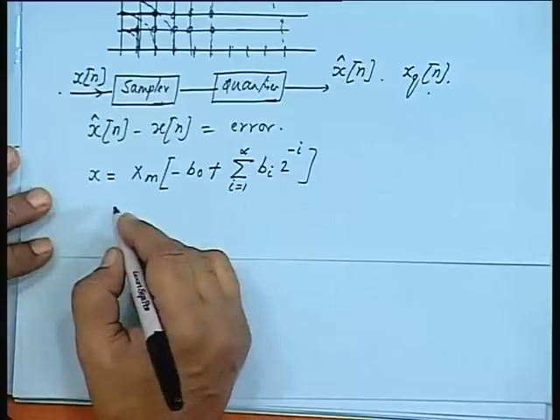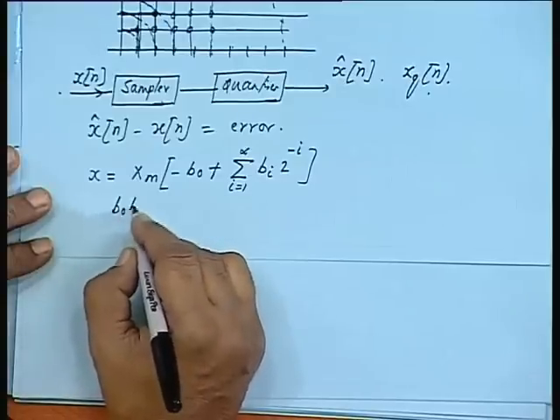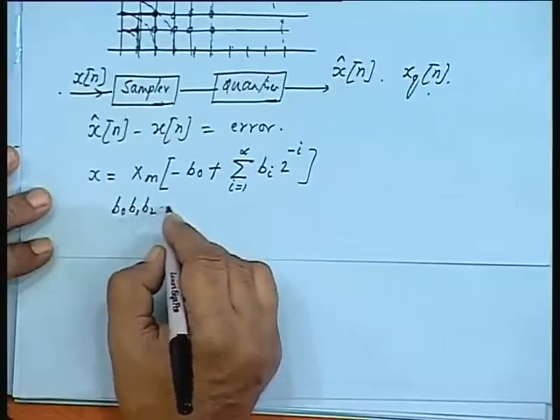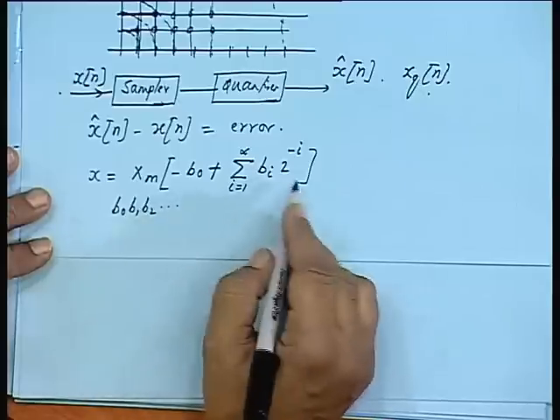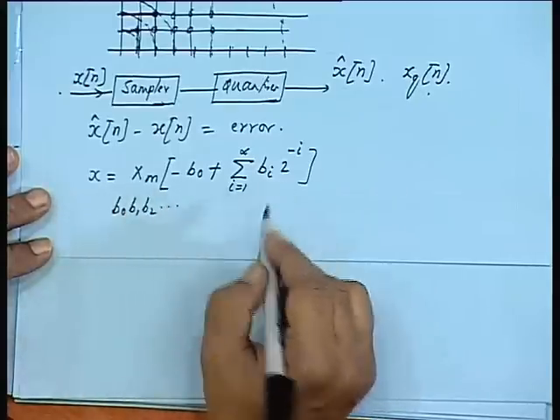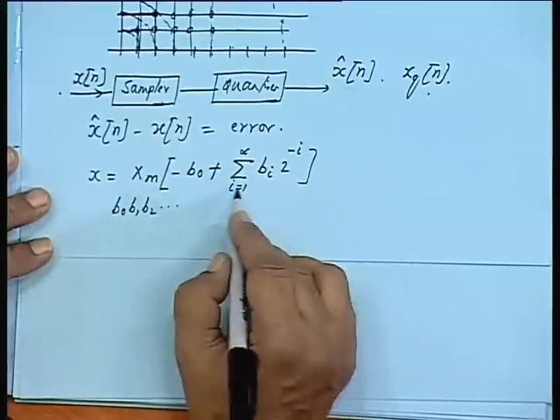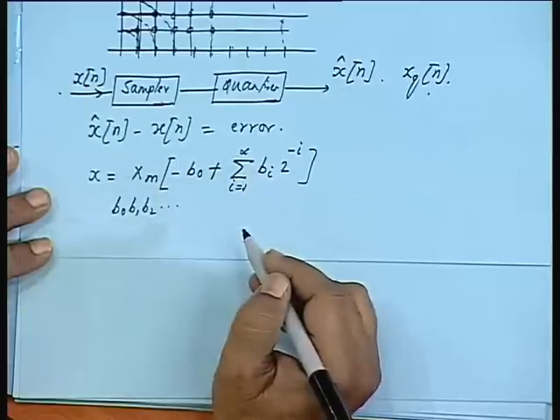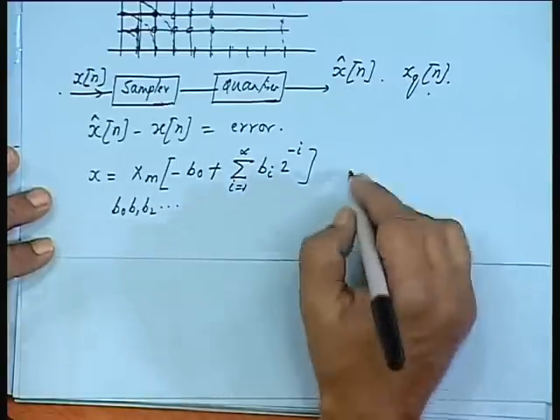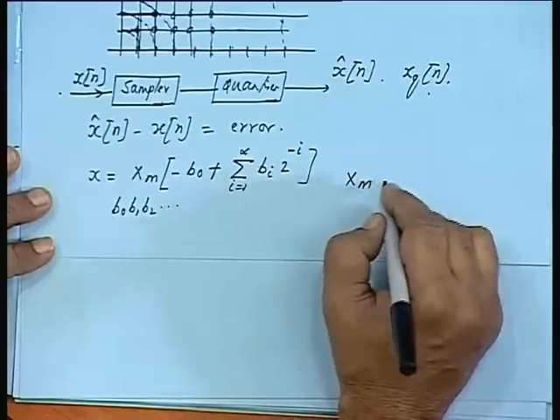In the 2's complement form, if I have the number b 0, b 1, b 2, etc., okay, then x is represented accurately by this if you can go up to an infinite number of bits. Okay. X m is any arbitrary scale factor.